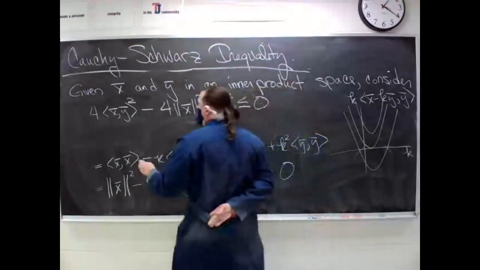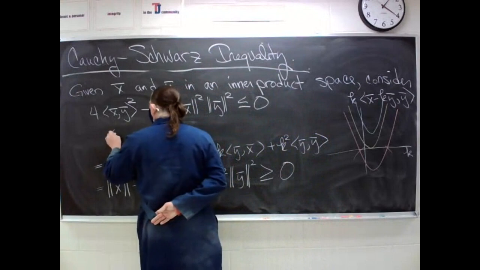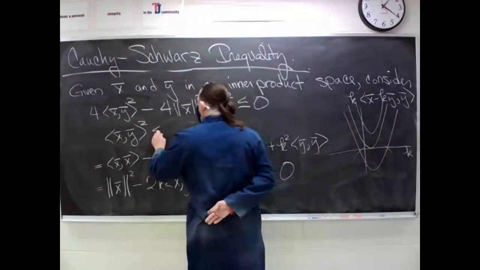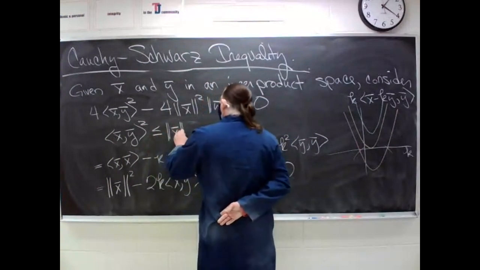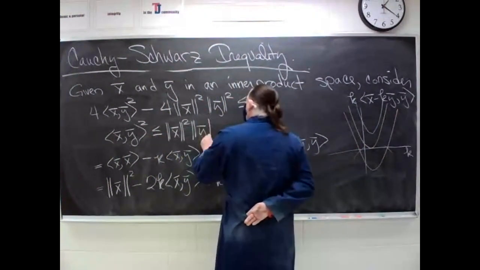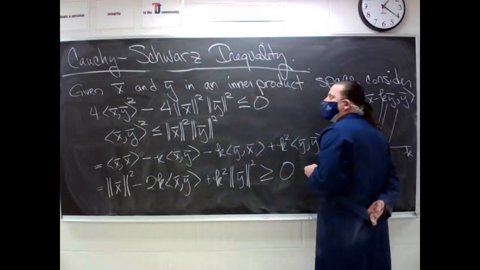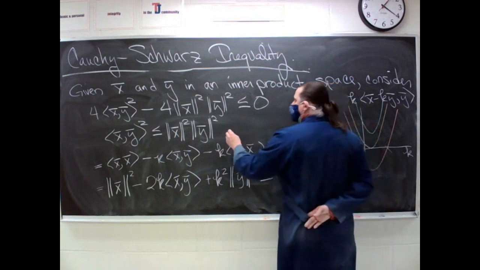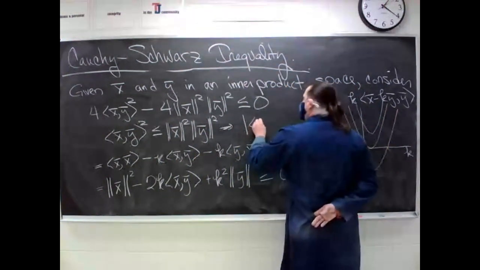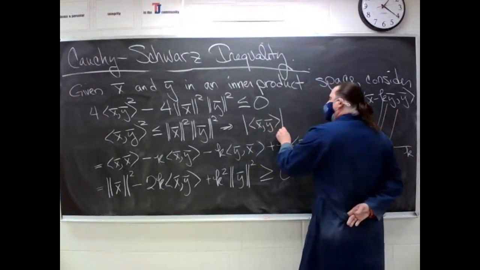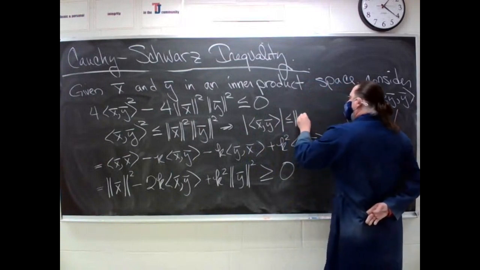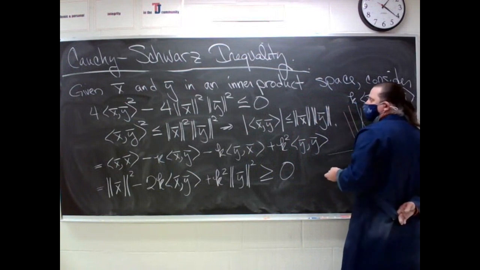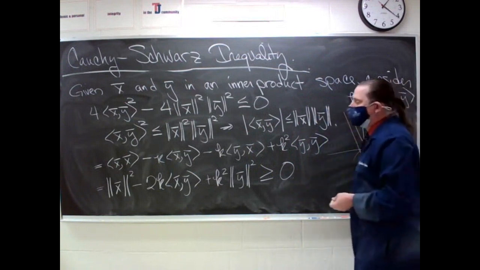So if I rearrange it, I'll find, or on taking the square root and the absolute value, all right?